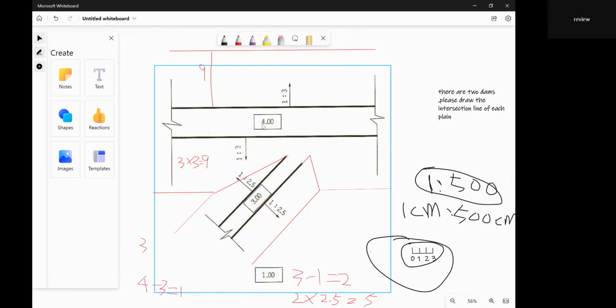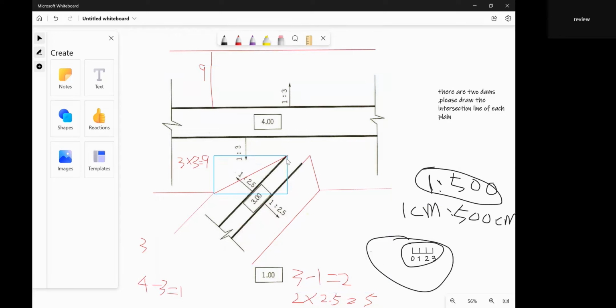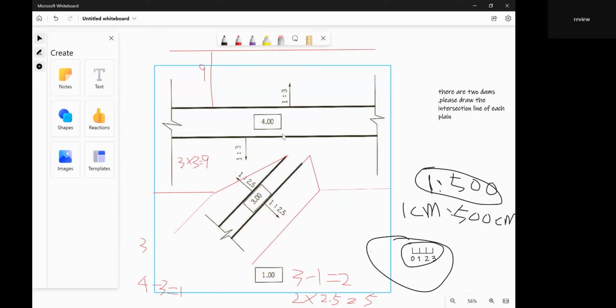Because the elevation of the top of the big dam is 4, and the small dam is 3, we have to find the cross section, the line between this top surface and this slope.